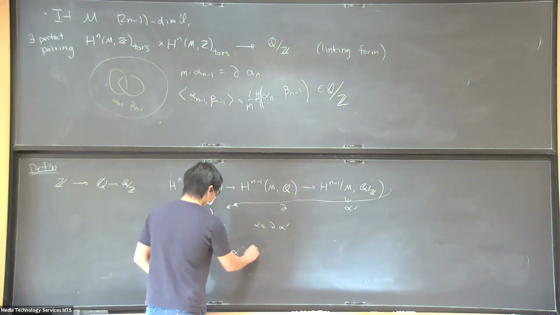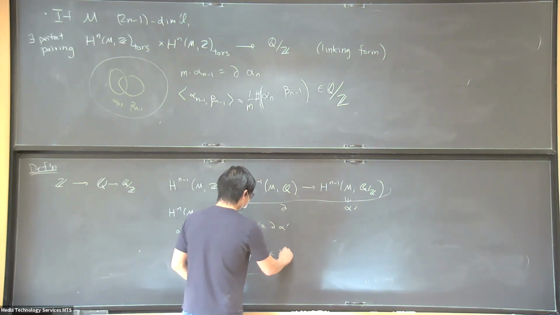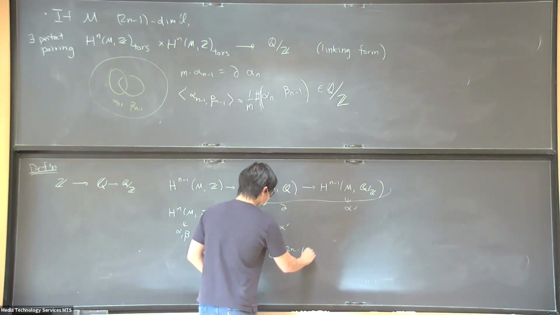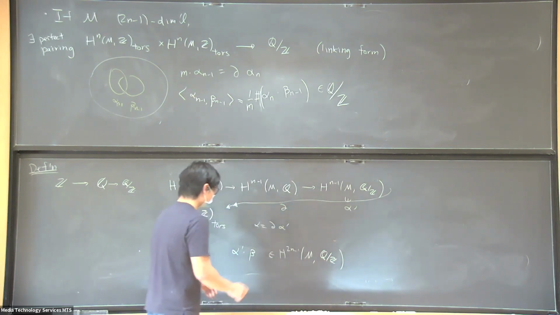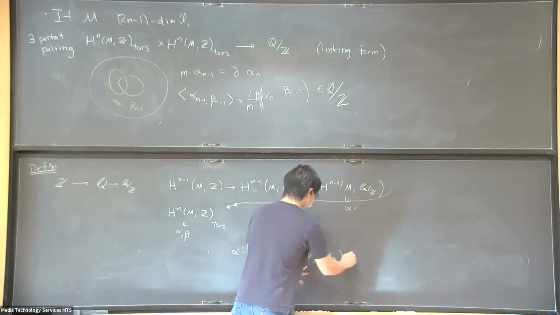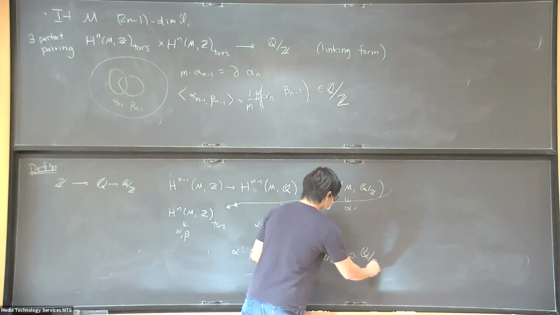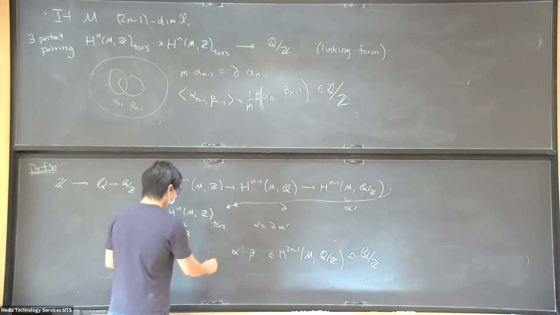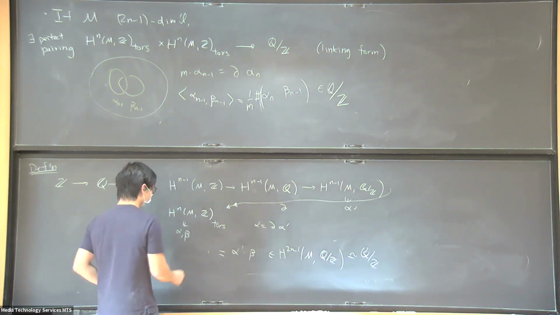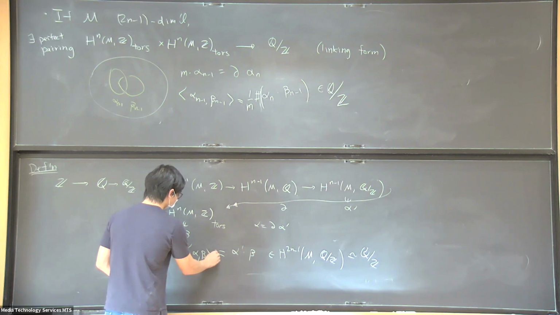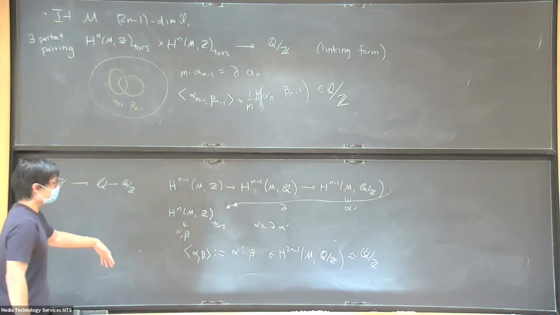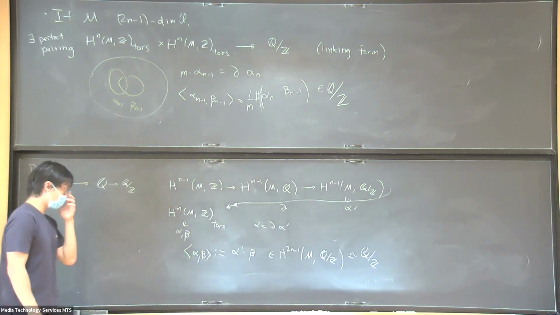So alpha prime times beta is in H^{2n-1} with Q mod Z coefficients. And Poincaré duality tells me that this is isomorphic to Q mod Z. And so this is a number, and I can define this to be the pairing of alpha and beta. And one can check that it's independent of choices and also a perfect duality.